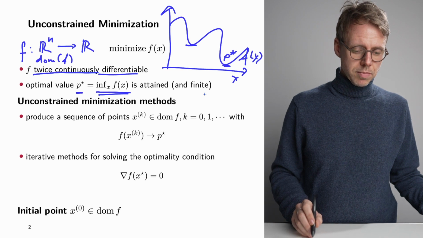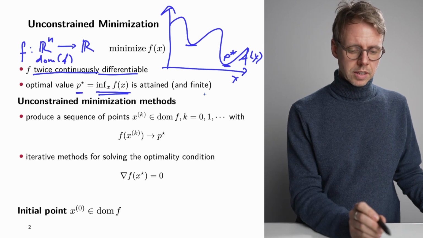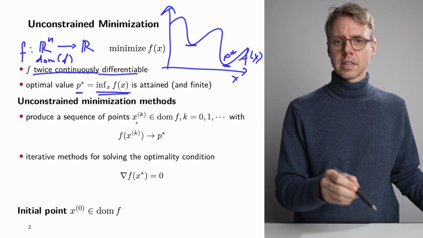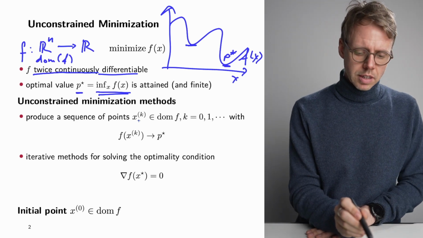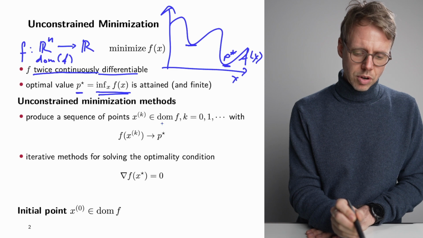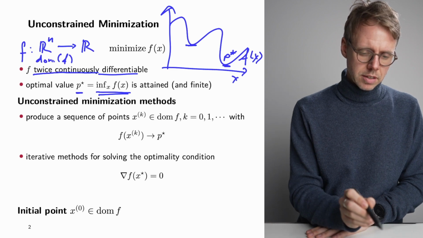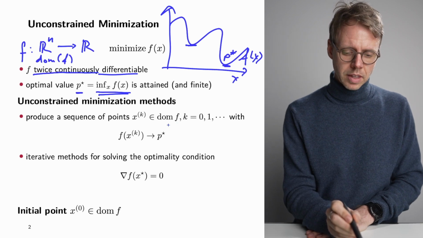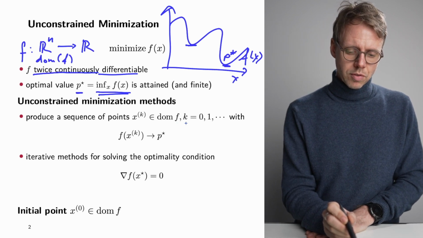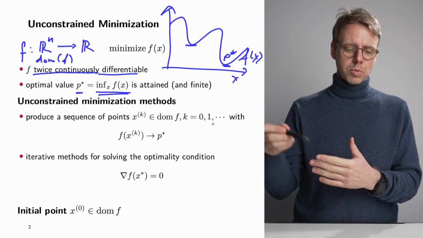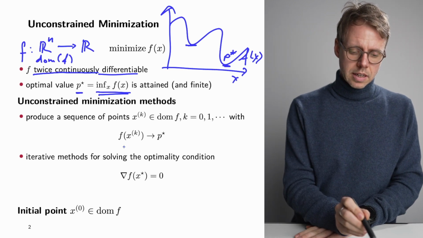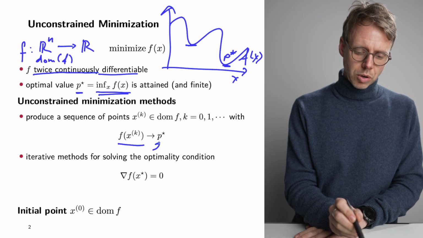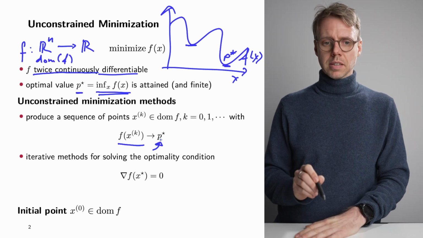Unconstrained optimization methods produce a sequence of points, so they're iterative, producing points xk from the domain of f, typically from R to the power of n, for the iterations 0, 1, and so on. And this sequence hopefully would go towards p star.